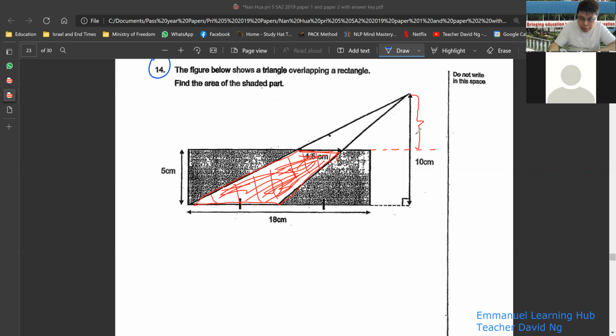Okay. This whole thing is 10, this is 5, so this must be 5. Agree? Then this whole thing is 18. They tell you like that, that means this length and this length are the same length, so this one is 9 cm. Agree? Yes. So the area of this red part.